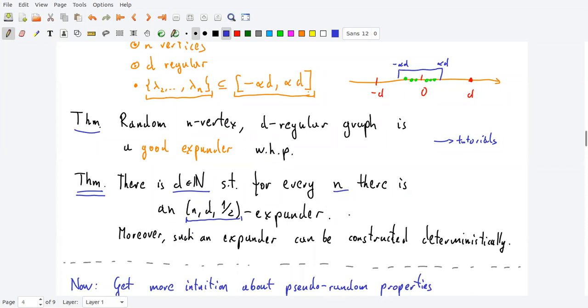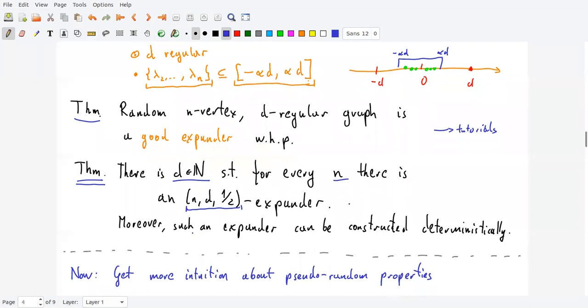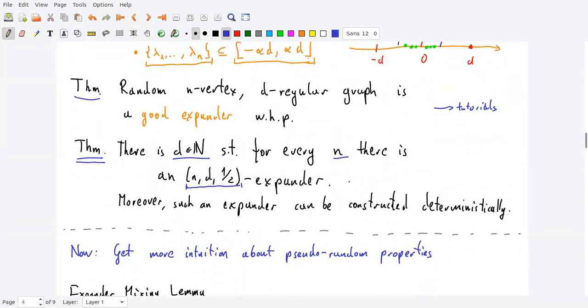And on the other hand, you can actually construct them; you do not need to sample them. So various derandomization tools often use expanders as a basic technique. Good. So during the remainder of this lecture, I want to give you some intuition about those pseudorandom properties, and in particular, what kind of pseudorandom properties we will be interested in.